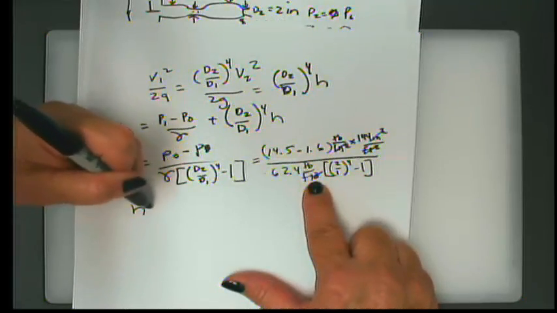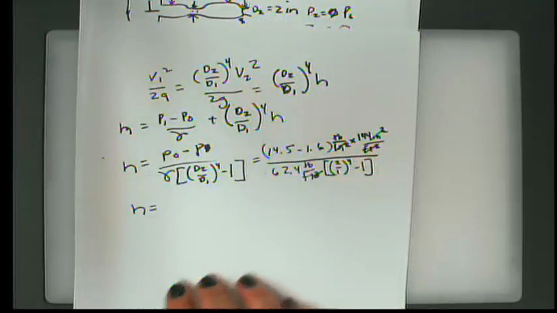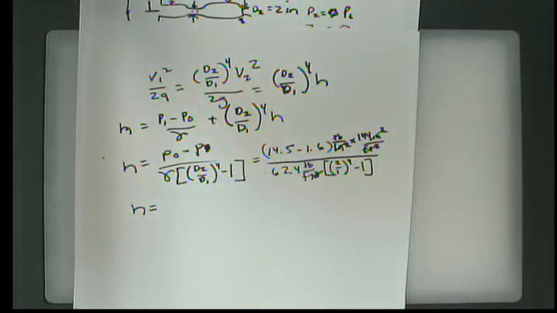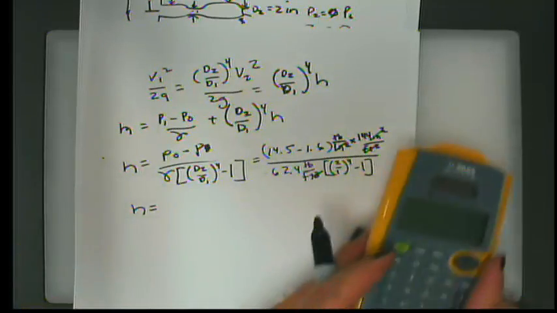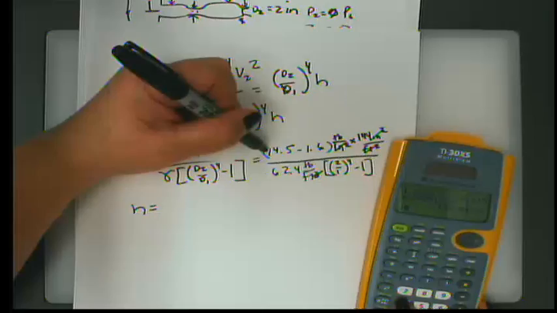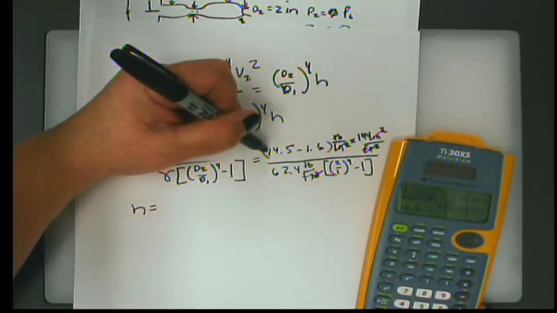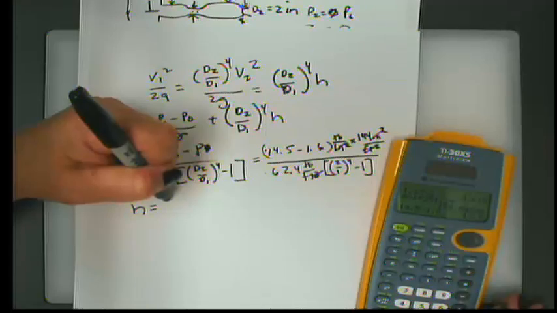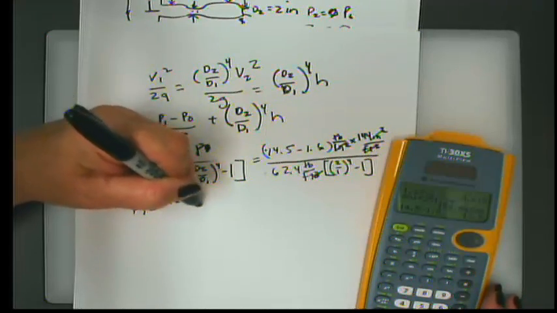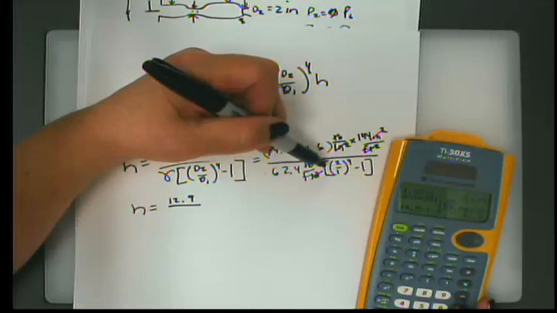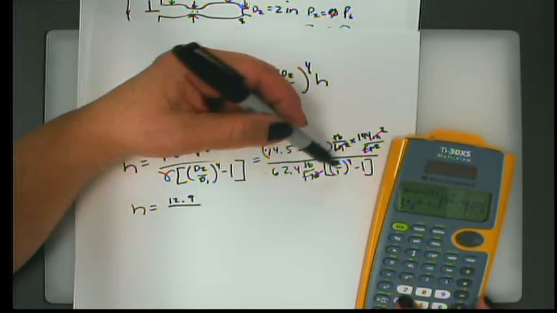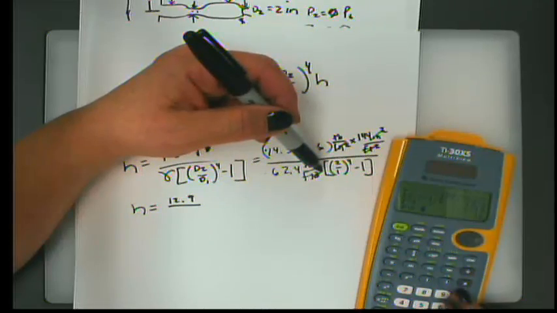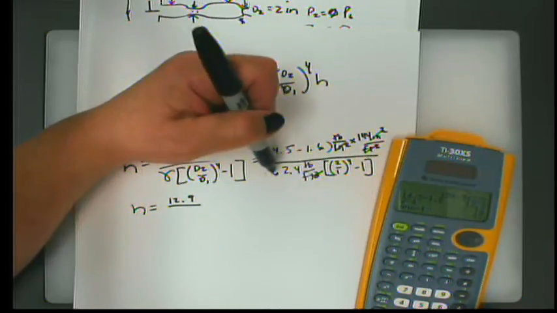And so we get H, and if you run the numbers, you get on top 14.5 minus 1.6. So that value is 12.9. And on the bottom, 2 raised to the 4th power, 16, subtract 1, is 15.